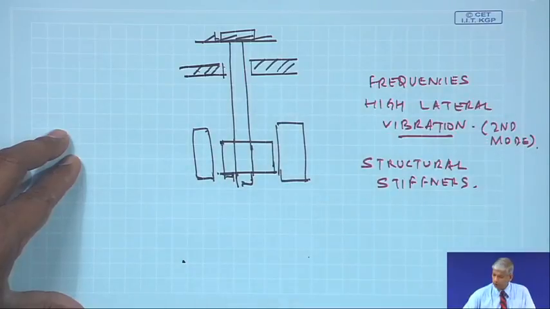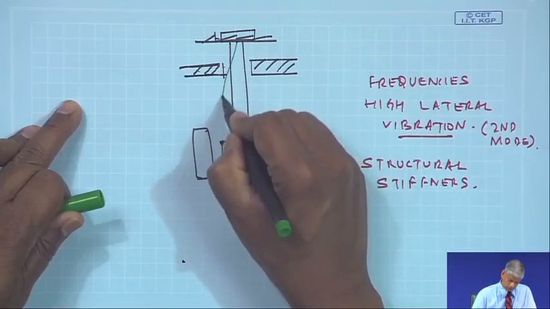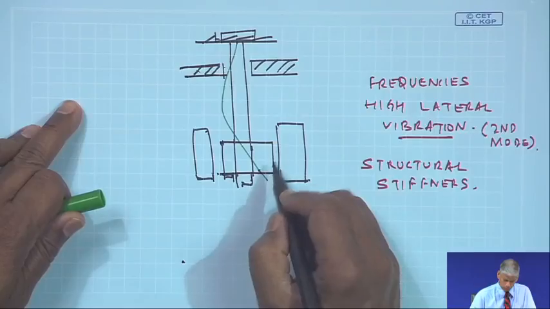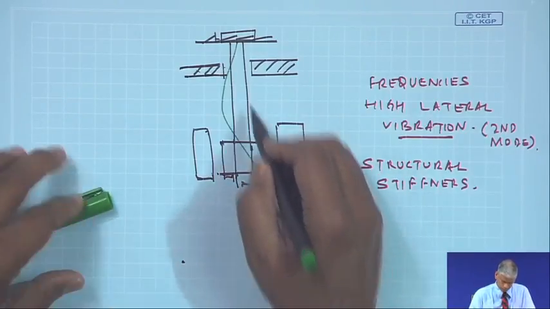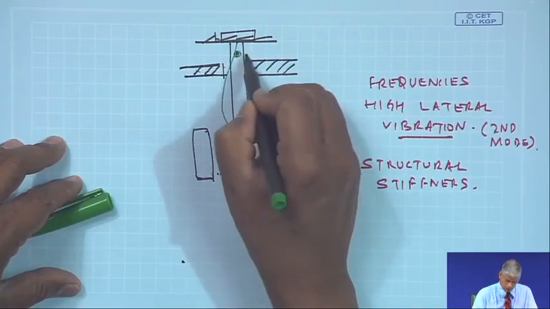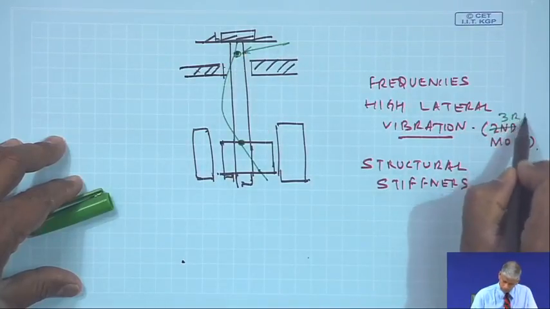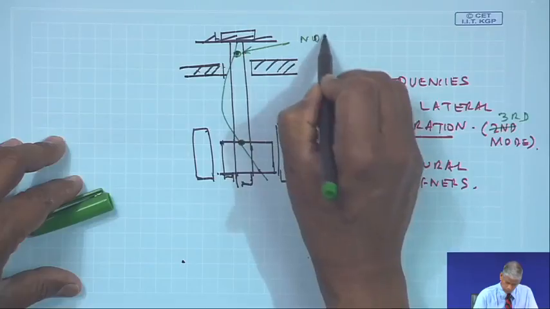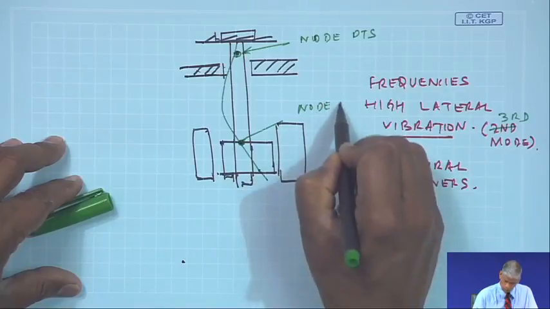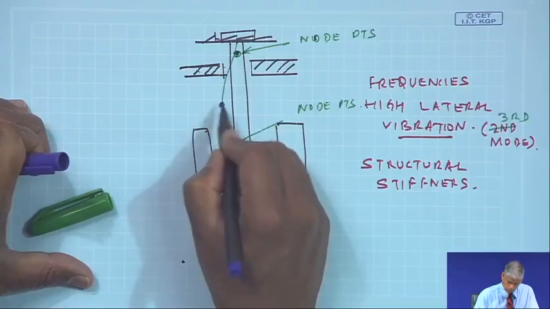So, maybe the shaft has a motion like this. In fact, I had drawn it as the third mode. Suppose these are the node points, and this happens to be an anti-node point.